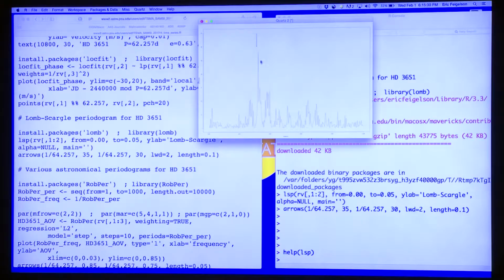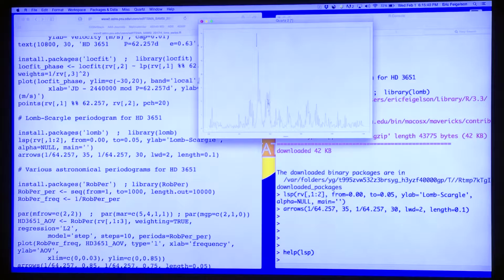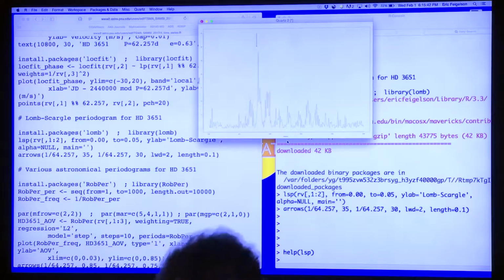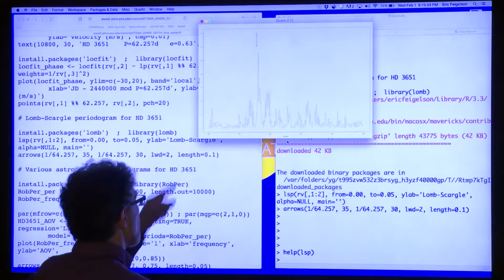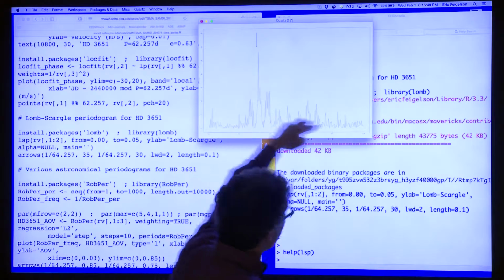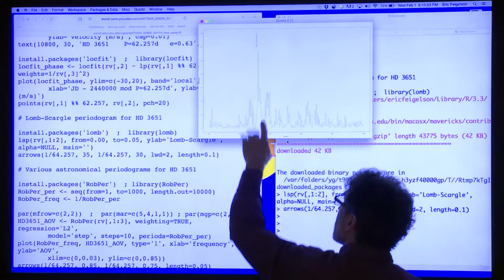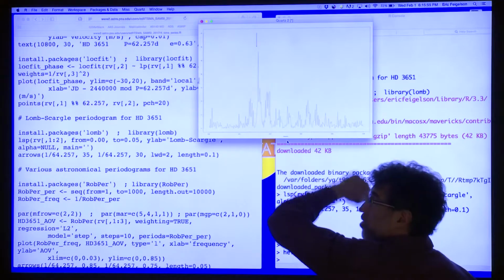And that's the correct period, apparently. Or correct, that's the period that's published. You can see the Lomb-Scargle is slightly off. I don't know why it's slightly off. Anyways. So as you can see, when you have only 123 points and they're irregularly spaced and they're noisy, you don't get the world's cleanest power spectrum. A clean one would be just a little bit of noise and a single sharp peak, and the rest of it is noise.